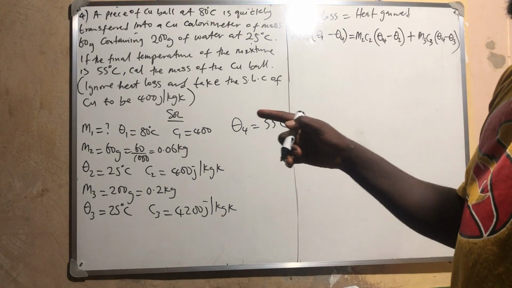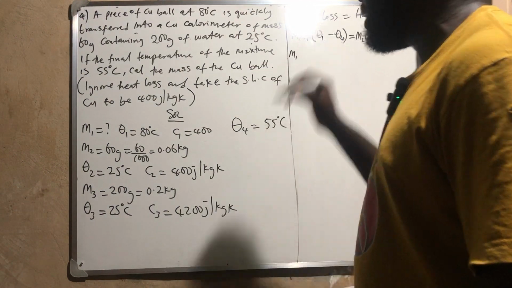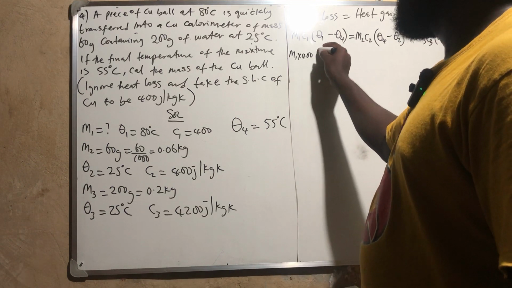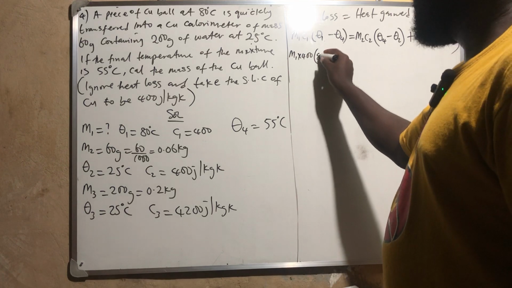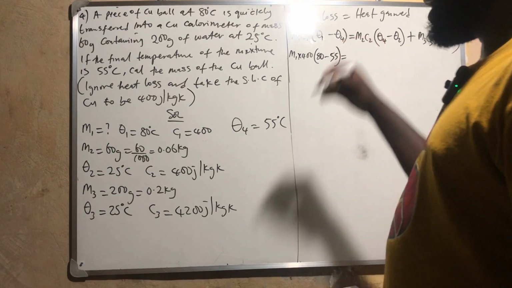Okay? So now, applying them, my M1 is unknown. I'm looking for my M1, but my C1 is 400 times 400 in bracket of my theta 1. My theta 1 is 80 minus my final 55 is equal to my M2.